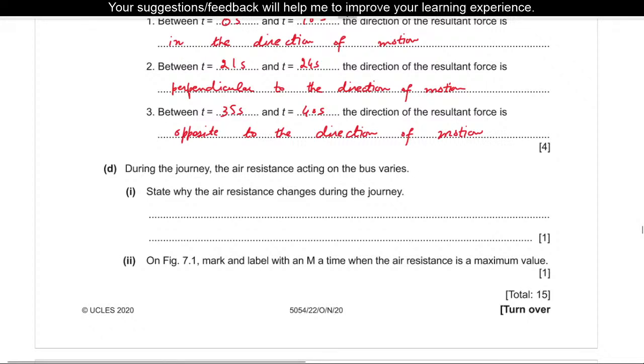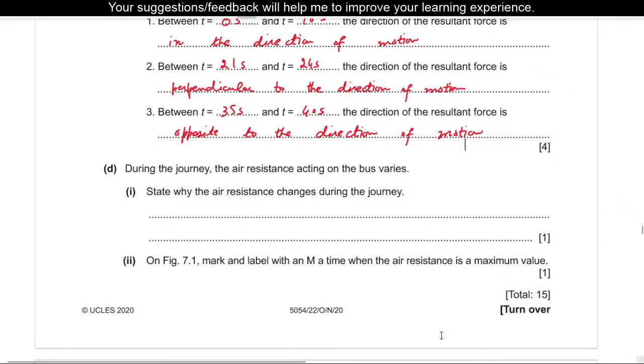Okay, part D. During the journey, the air resistance acting on the bus varies. State why the air resistance changes during the journey. So can anybody tell me the reason in the chat? I want you to be interactive, because otherwise you will get bored and I will too.